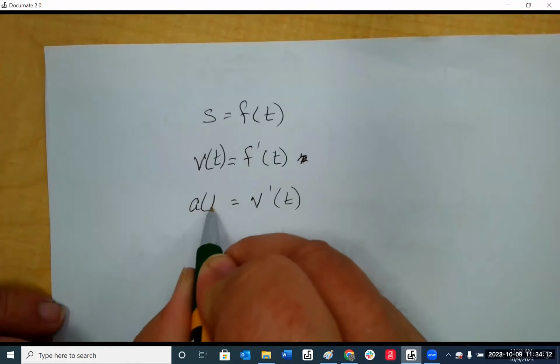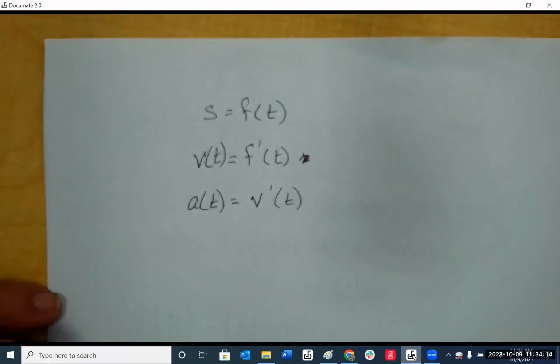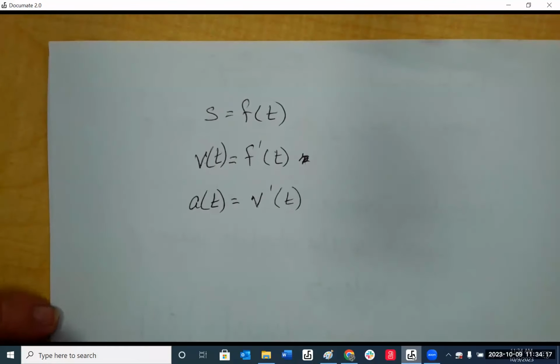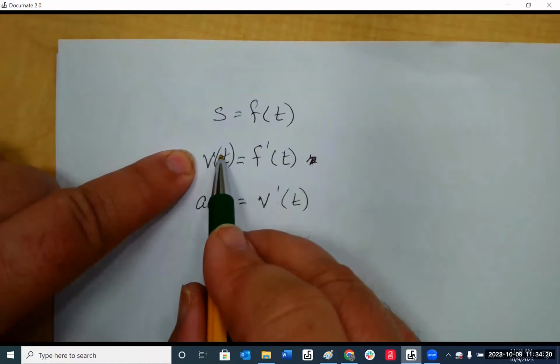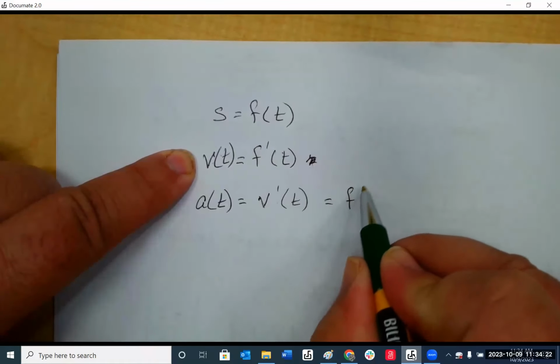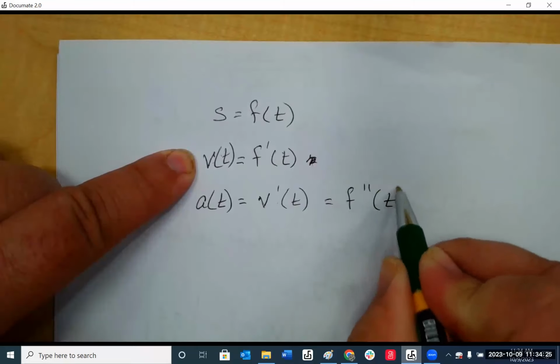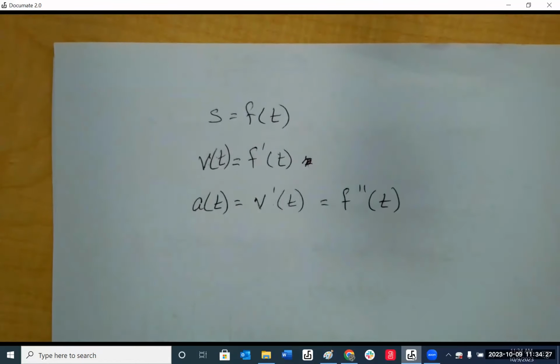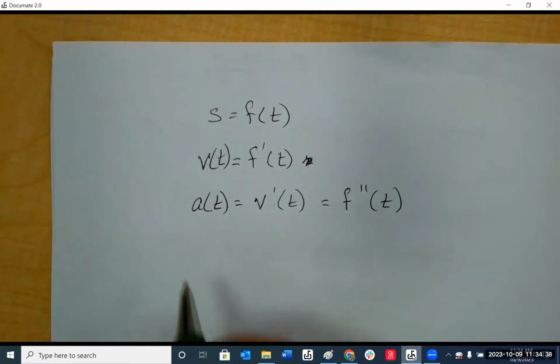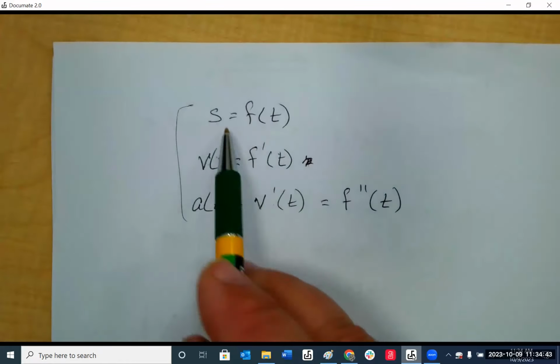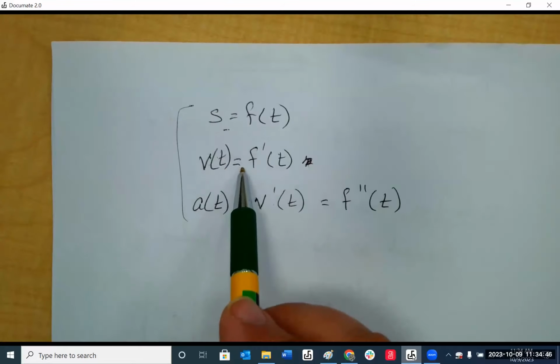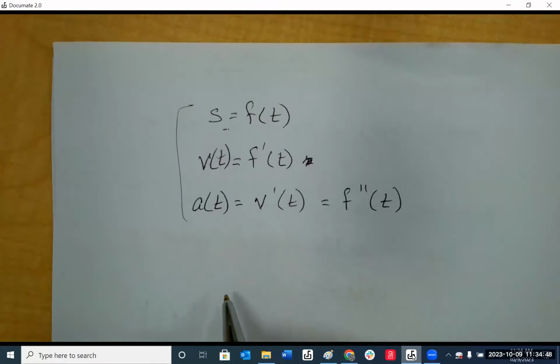We get acceleration. But if we took the derivative of velocity, that means we took the second derivative of the displacement function. So these are how they're related. The change of displacement is your velocity, the change of velocity is acceleration.